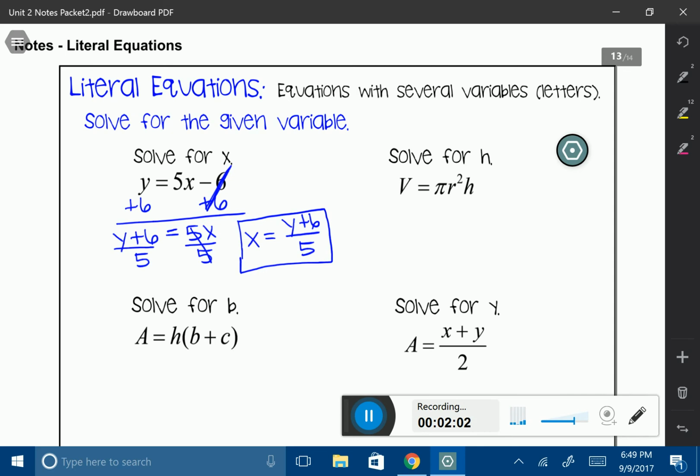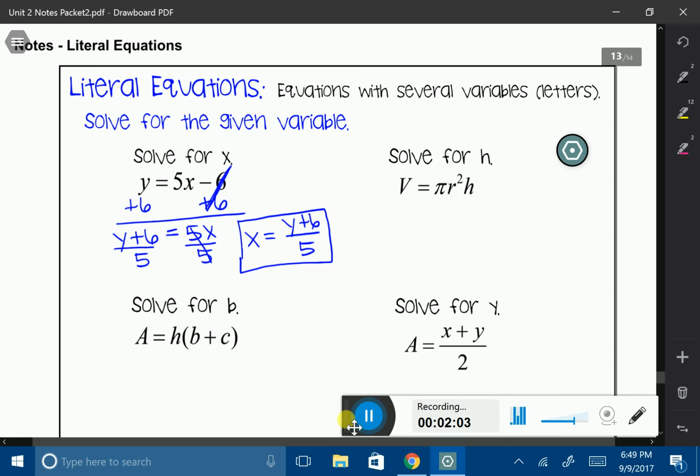Okay, let's solve for h in the next one. It's being multiplied by pi r squared. You might recognize this formula here, and we just want to solve for the h. We want to get it all by itself. Since the h is being multiplied by the other two things, I can do this nifty thing: I can divide both sides by pi r squared.